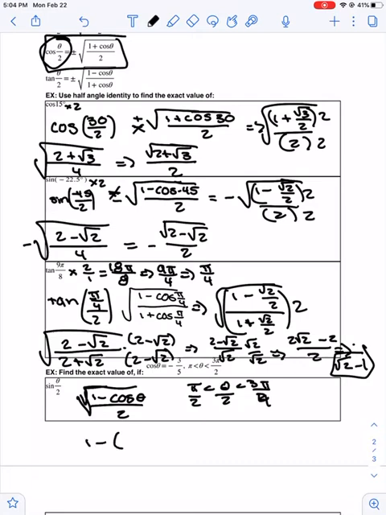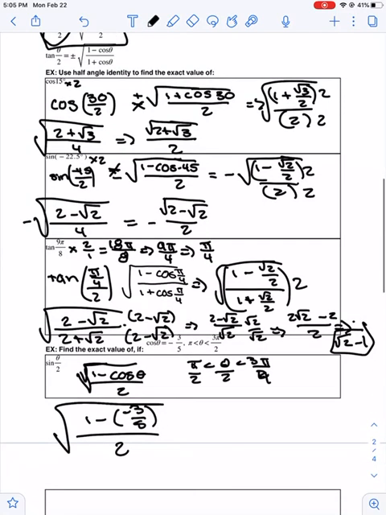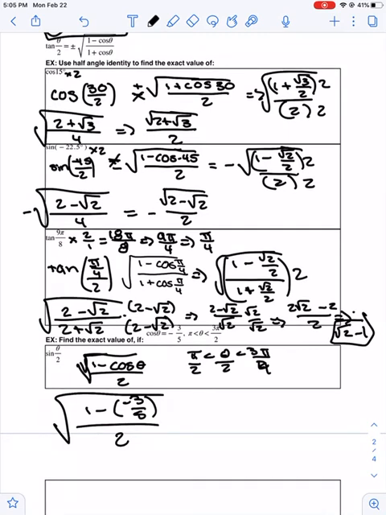So we're going to have the positive. Now we're just going to plug in our value. So 1 minus the cosine theta, which was negative 3/5, over 2 square rooted. And then I would have 1 plus 3/5 over 2 square rooted.